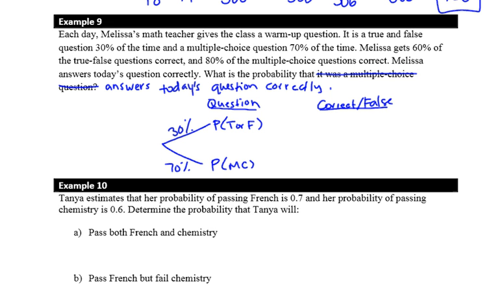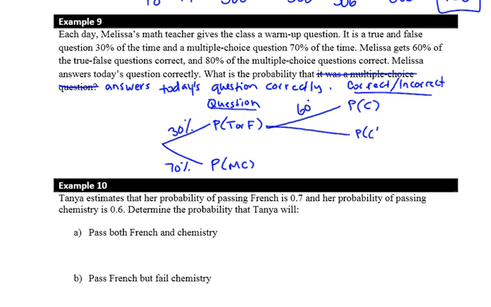Now, whether she's correct or incorrect. If she's given a true or false question, what's the probability that she's correct? 60% of the time. So what percent of the time would she not be correct? 40% of the time.